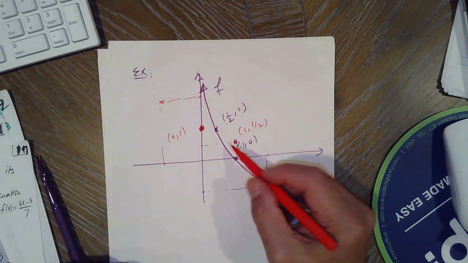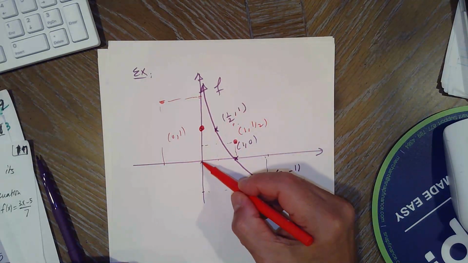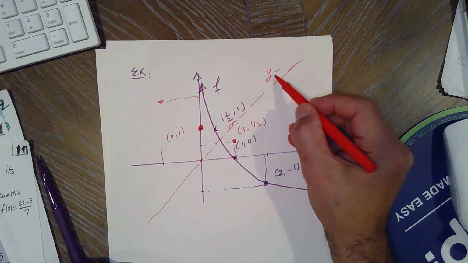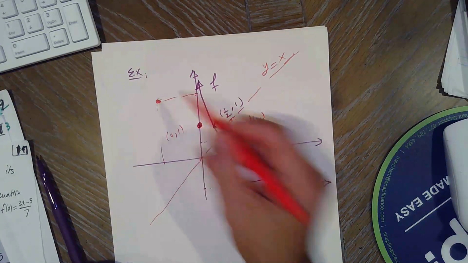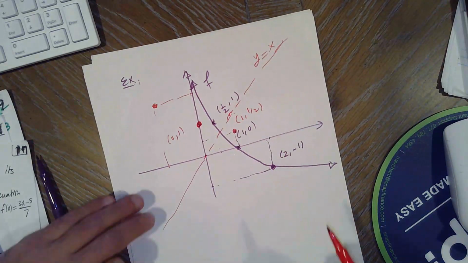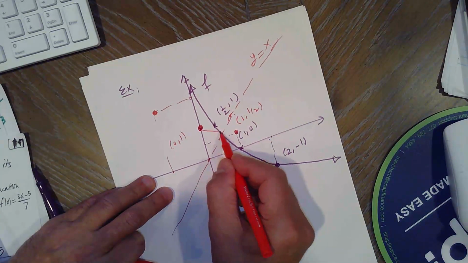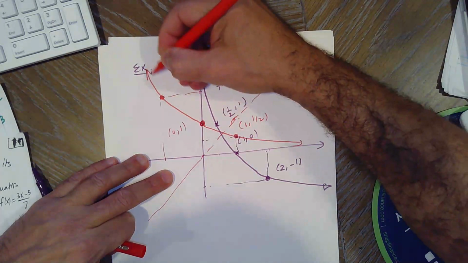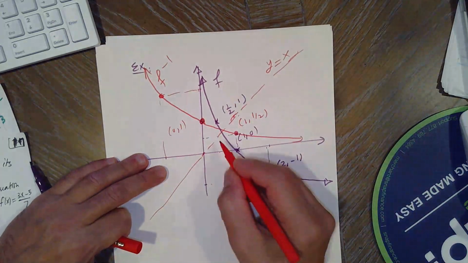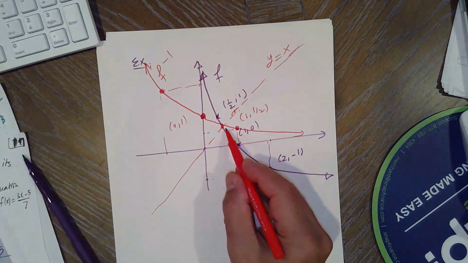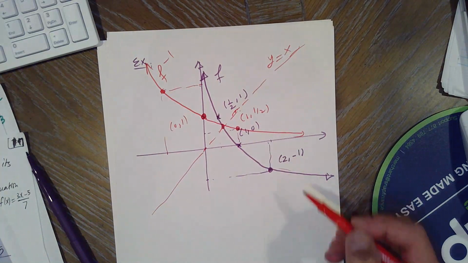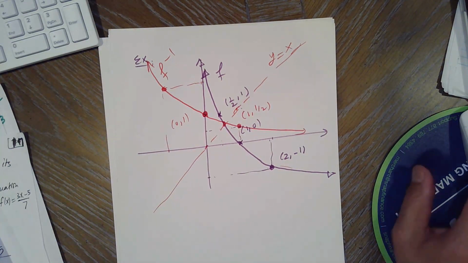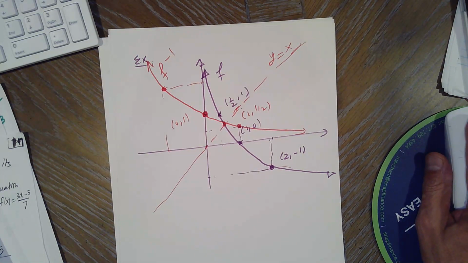And the line y equals x goes through (1, 1), (0, 0), so it's going to be this line of symmetry, and the graph is going to go through these 3 points. And you can see how it's symmetrical. This is a reflection of that, this is a reflection of that. Okay, so practice those, and that's all I wanted to do for now. So 11.2 is done.